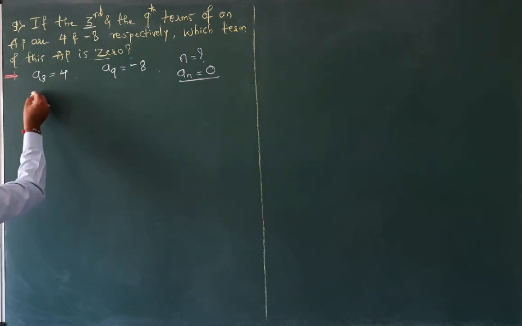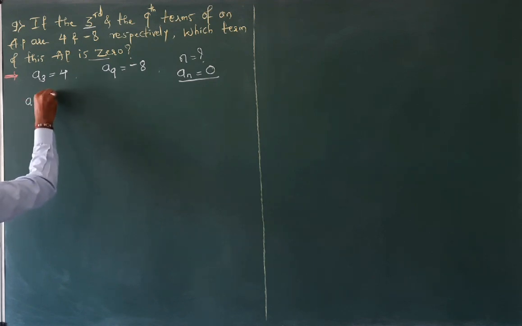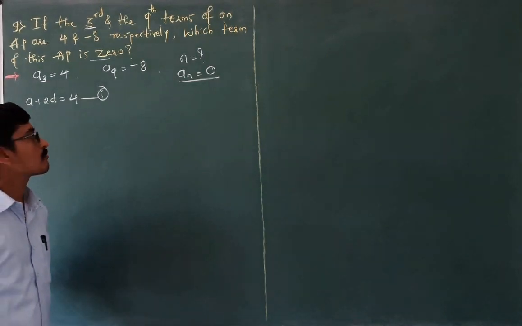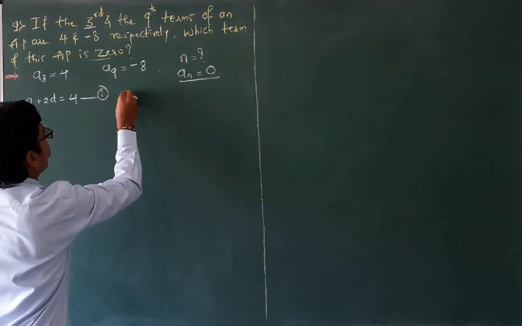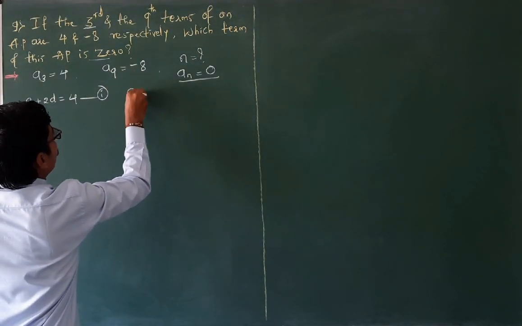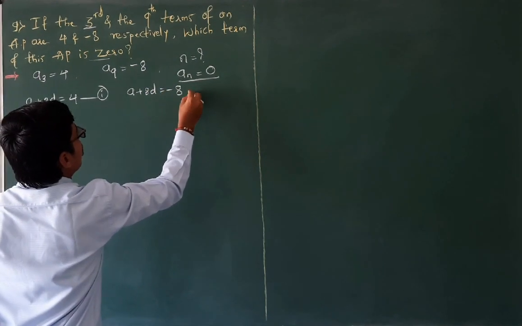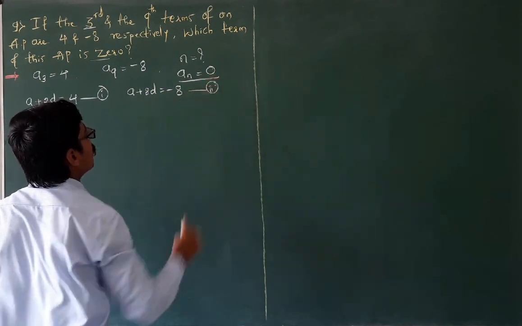So A3, the third term, can be written as a plus 2d is equal to 4. Call this equation number 1. Now A9, the ninth term, a plus 8d is equal to minus 8. Call this equation number 2.